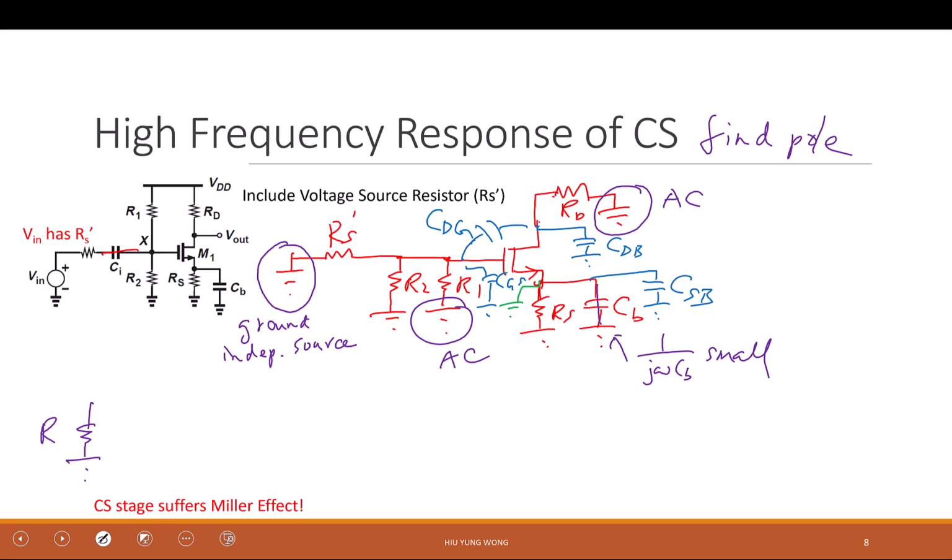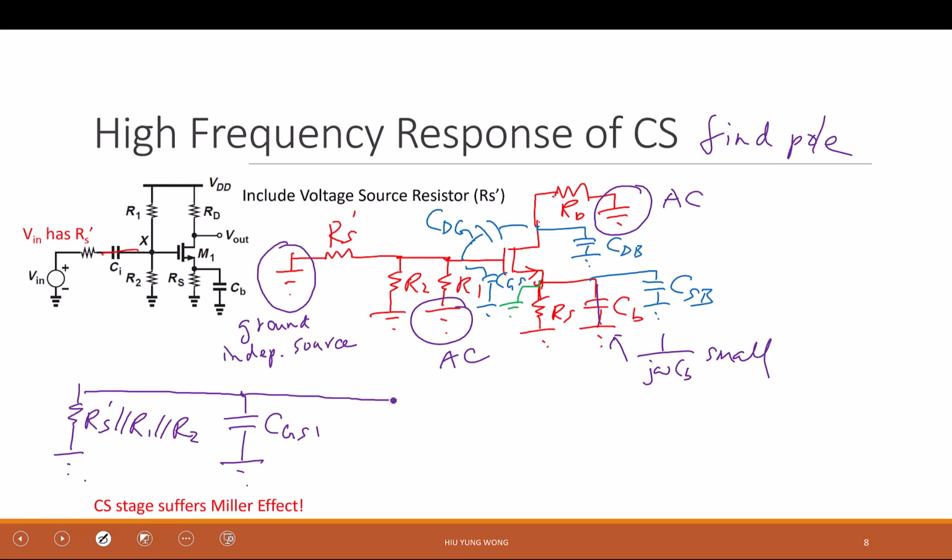So I have RS dash, sorry, let me redraw it. RS dash parallel R1 parallel R2, CGS1. Okay, I'm going to ask you some questions later.